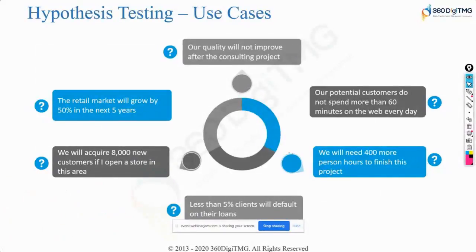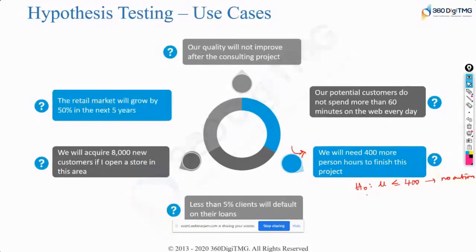Similarly, we will need 400 more person hours to finish this project in the timelines. So you, as management, have to approve 400 person hours or not. The null hypothesis says if the project can be completed without these additional 400 person hours, then no action.